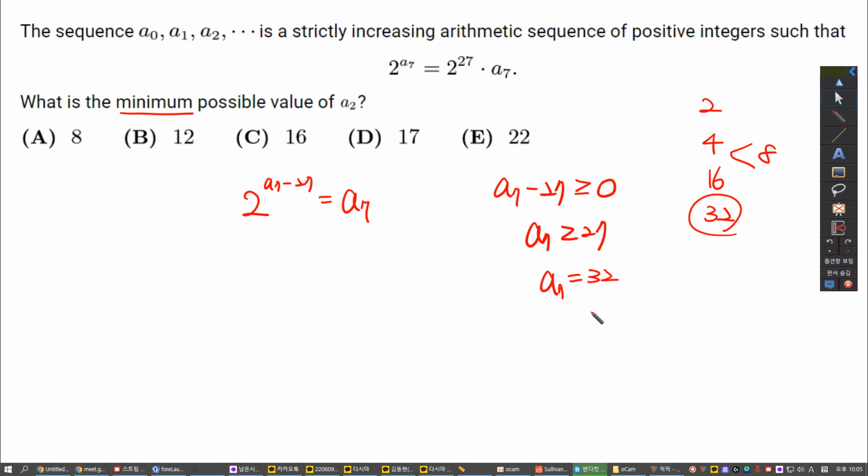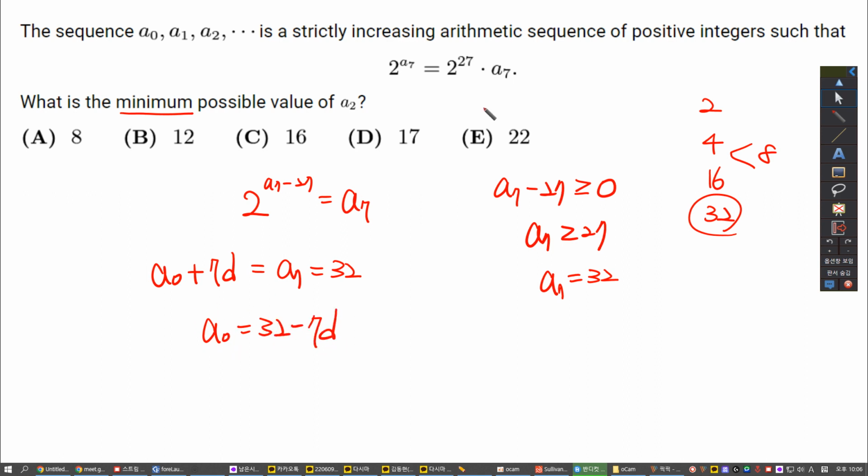And then, that means to make a7 from a0, because it's an arithmetic sequence, if we add the common difference 7 times to a0, that will make a7. But a7 is 32, so that means a0 is 32 minus 7d.